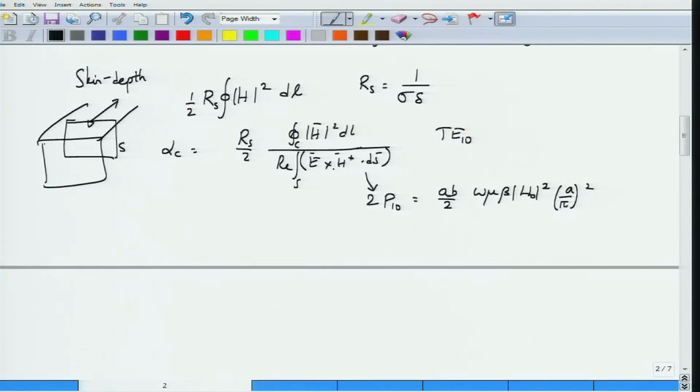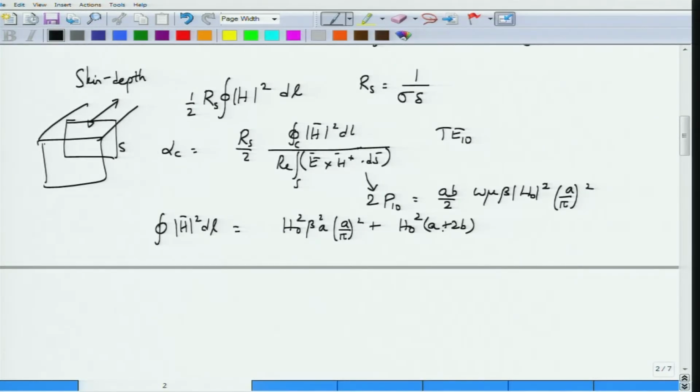So, the power is given by this expression, and for obtaining the power loss, we need to go back to the integral of |H|^2 dl. If you calculate this for the contour that is shown here, this would be equal to H0 squared beta squared A by pi whole squared, times A, plus H0 squared times (A plus 2b).